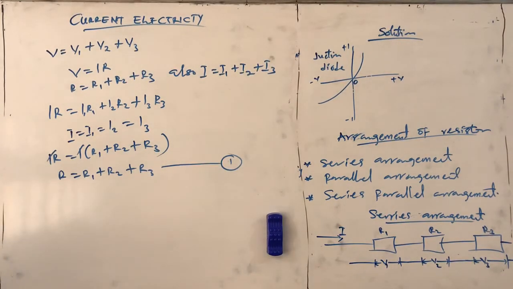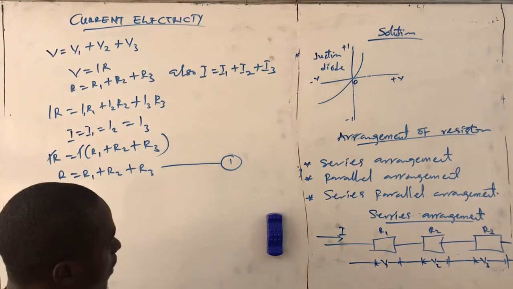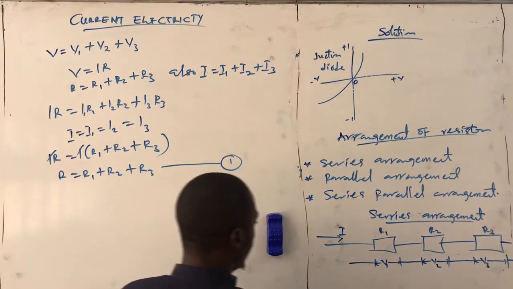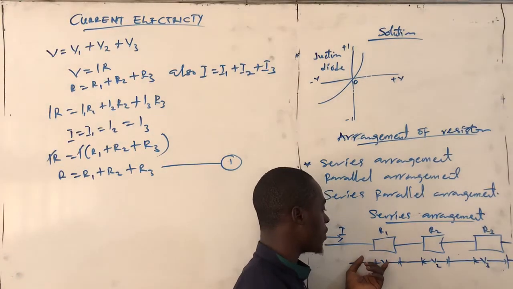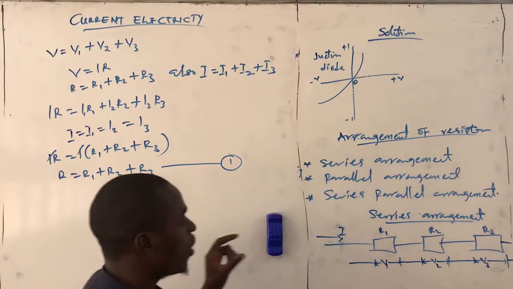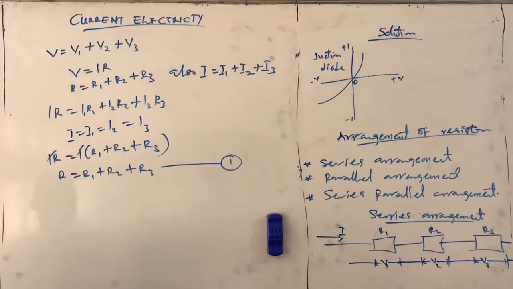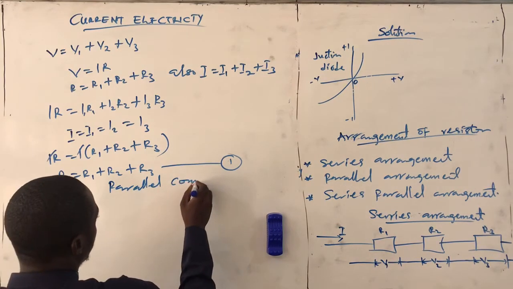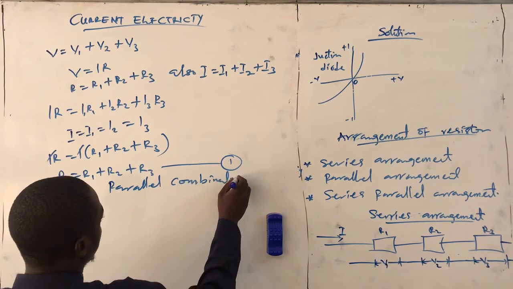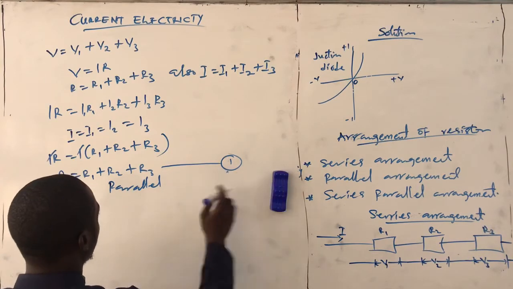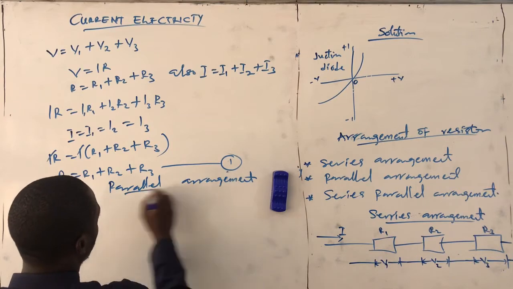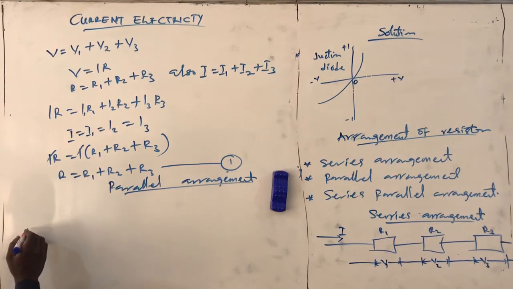What we denote is that for a series arrangement to occur, we must have different voltage across the resistors and the same current in the resistors. Likewise for parallel combination, parallel arrangements, for this parallel arrangement, let's say we have something like this.